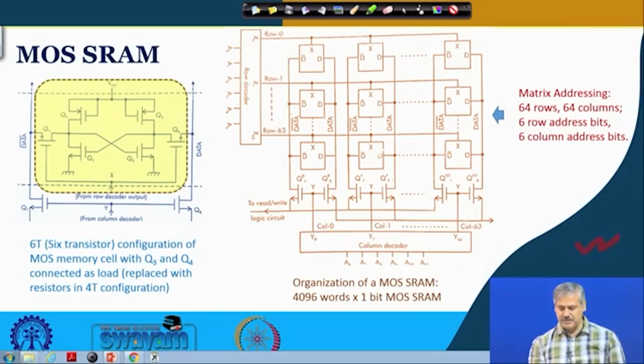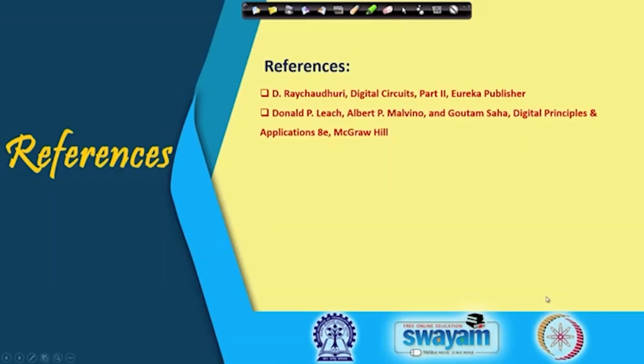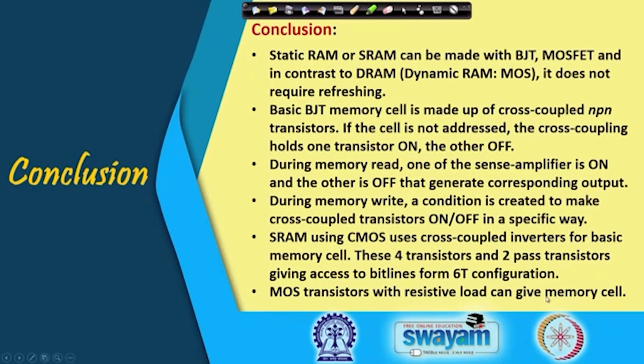So with this we conclude. What we have seen very quickly is that static RAM or SRAM can be made with BJT, MOSFET, CMOS, and in each case we are looking at cross coupled inverters made up of transistors, operating in bistable mode.